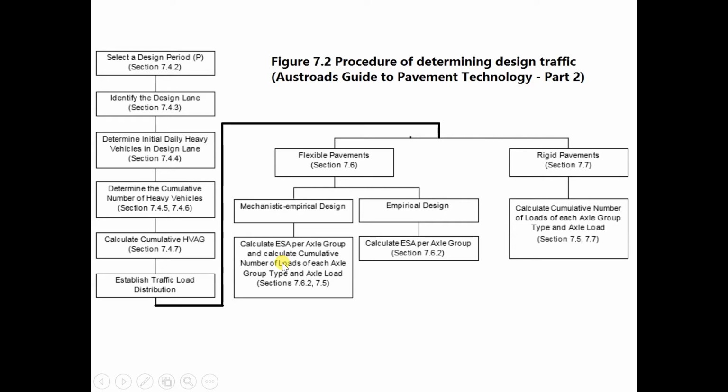Okay, so there's a factor to change the ESA to the SAR, standard axle repetition. It might be a bit confusing now, but there's a standard axle repetition for the asphalt, for the cemented material, and for the subgrade.